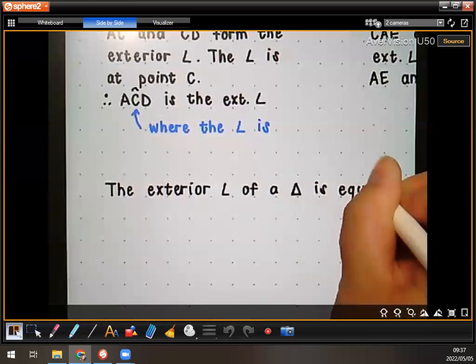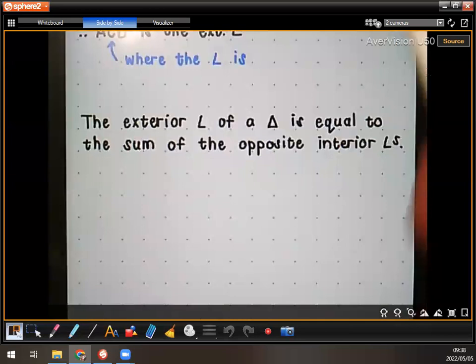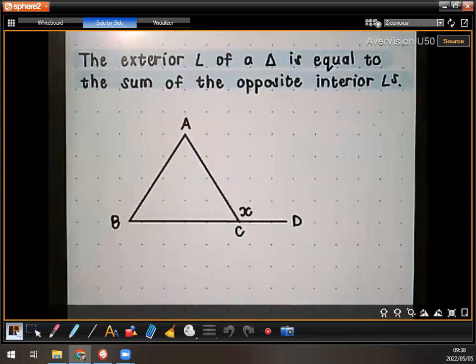The rule for an exterior angle in a triangle is: the exterior angle of a triangle is equal to the sum of the opposite interior angles.